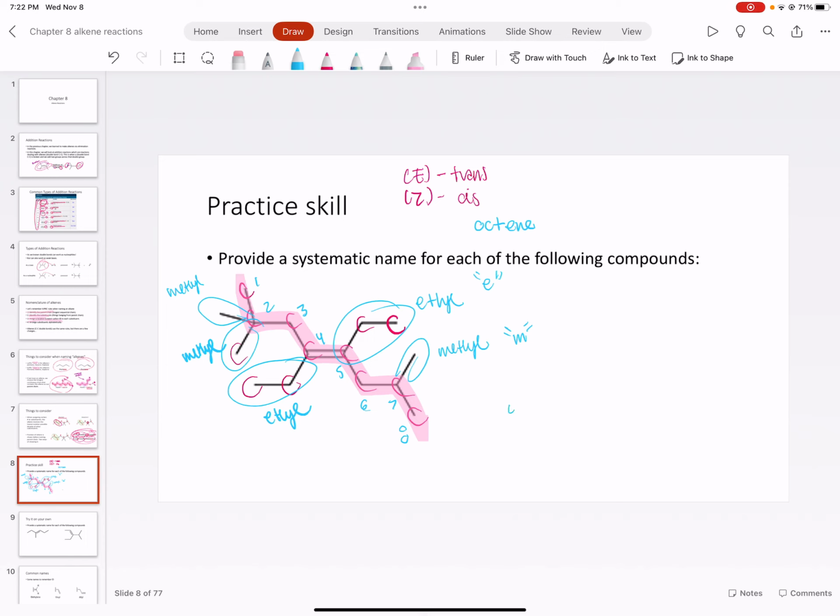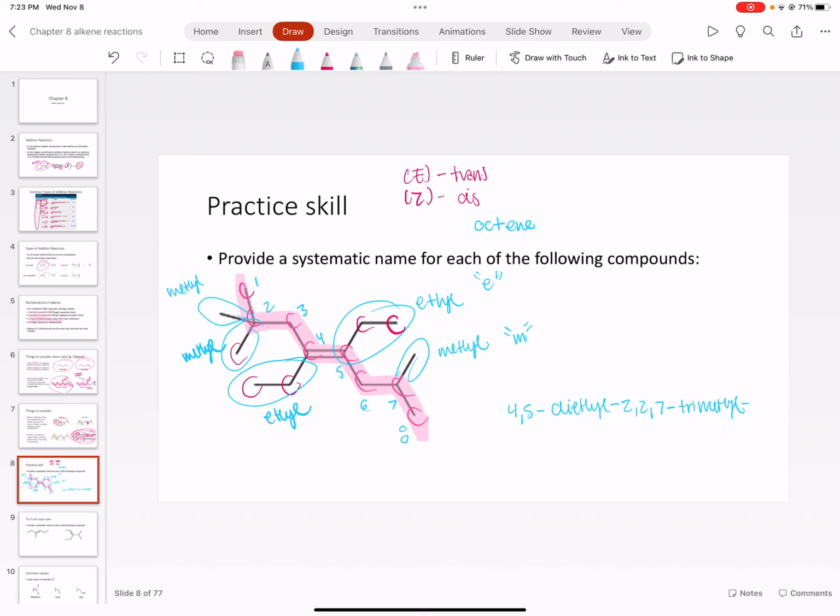We have a 4 and a 5 ethyl, so we're going to do 4,5-diethyl. And our other substituent is methyl, and we have 3 methyls at 2,2,7, so it's going to be 2,2,7-trimethyl.